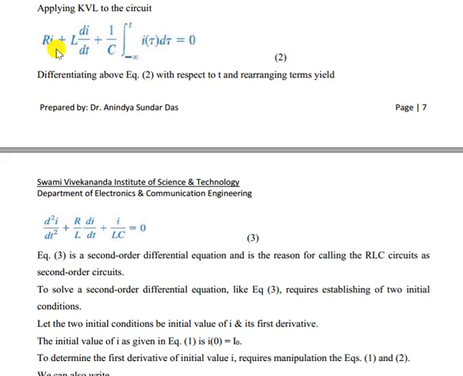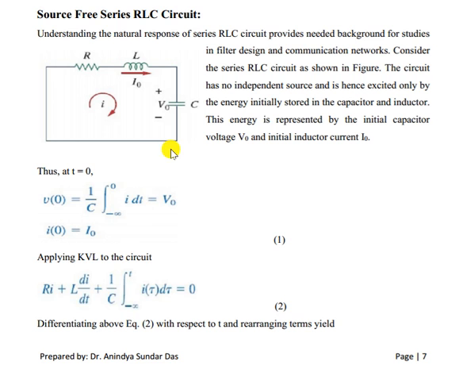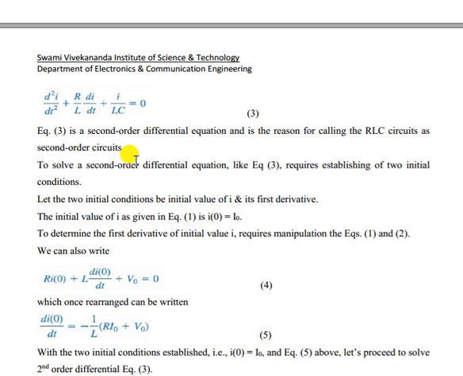Now R di/dt divided by L, that means R by L di/dt, and here it will be what? Nothing but I. If you differentiate this term, it will be I by C divided by L, that means I by LC equal to 0. So this is the equation that we got, and this equation we can see we have second order differential equation, because here d square I/dt square is there. So this is a second order. So RLC circuit always gives us second order differential equation.